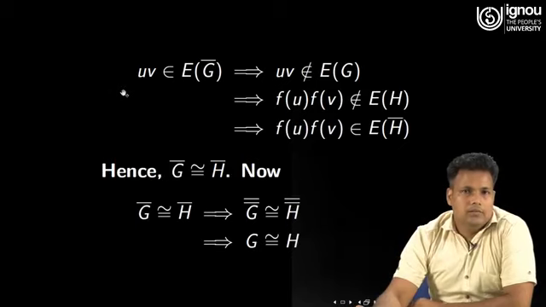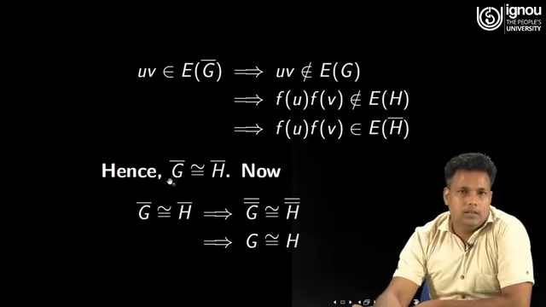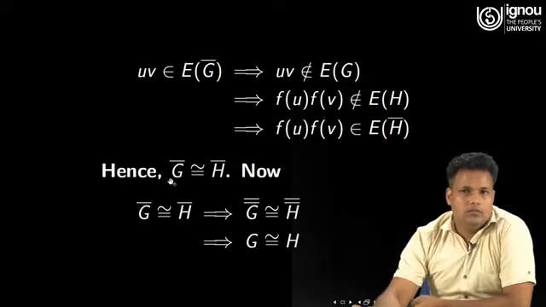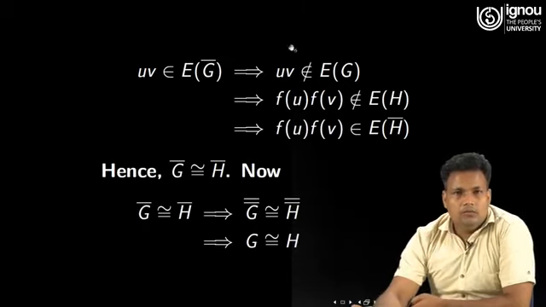So thus we have proved that if you take any edge in G bar, then its image is also an edge in H bar, that is, G bar is isomorphic to H bar. Now we use the same argument on G bar isomorphic to H bar.